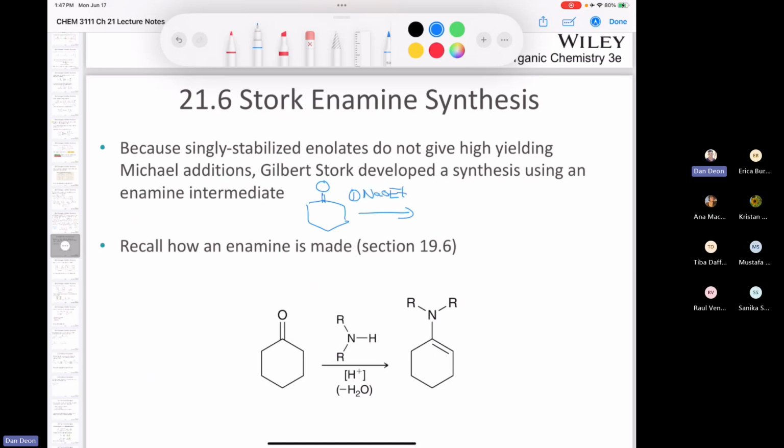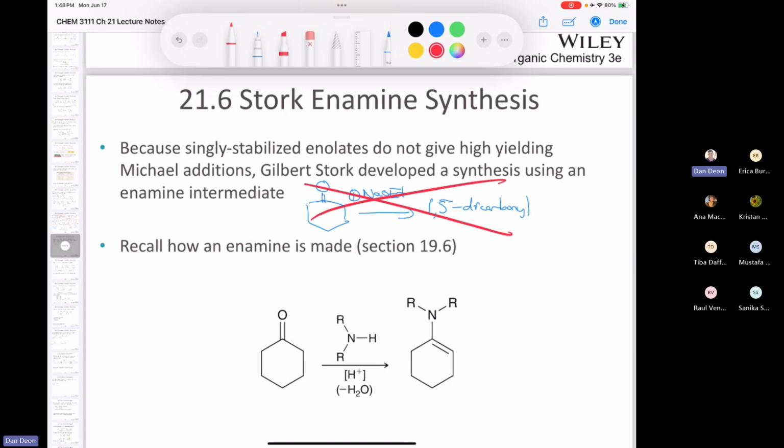Well, that's just going to do an aldol condensation reaction, so that's not going to work, right? So you can't make a 1,5 dicarbonyl. Okay, I'll put a big X over that because this just wouldn't work.